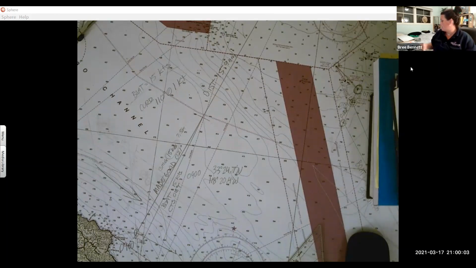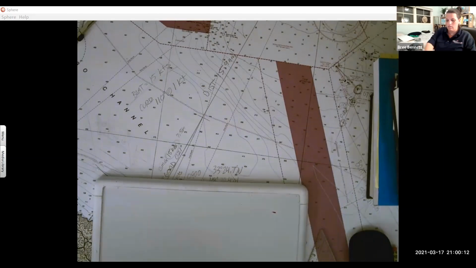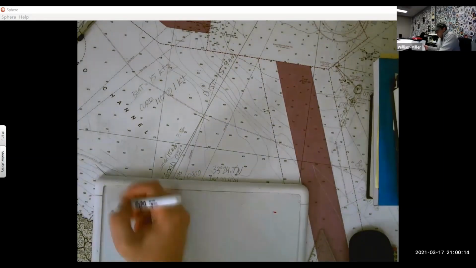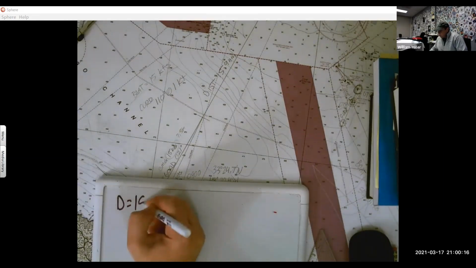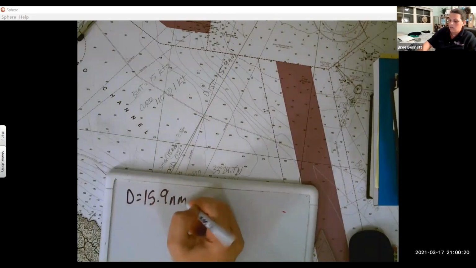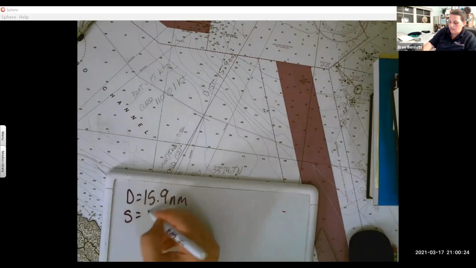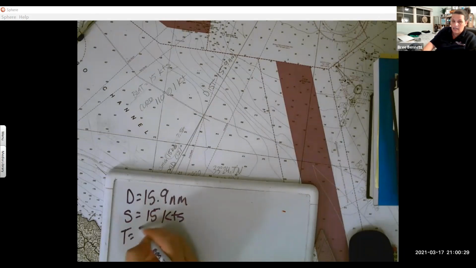So I'm going to use my 60 D street. A distance of 15.9, I have a speed of 15 knots. What is my time?